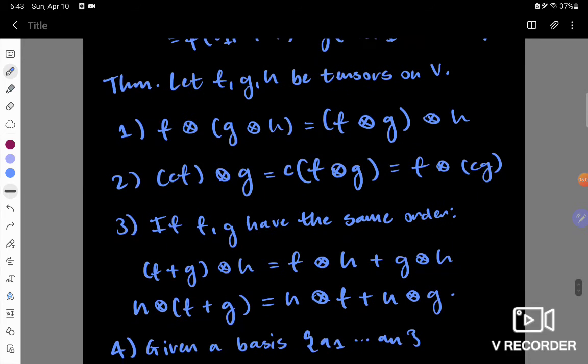And the fourth proposition has to do with our formulation of a basis and looking at multilinear transformations and characterizing them based on how they act like this. This one's a bit different from the prior three.